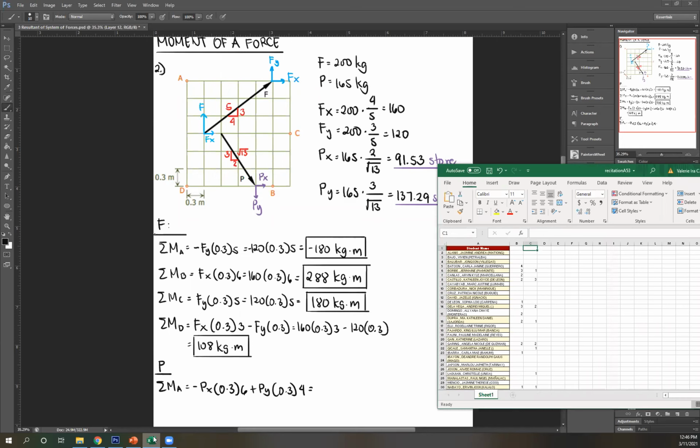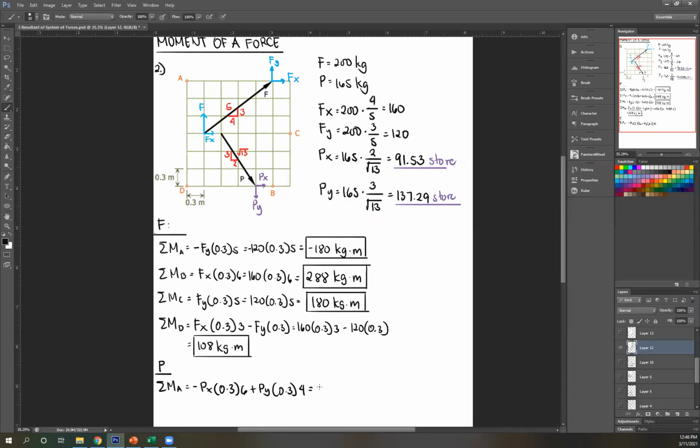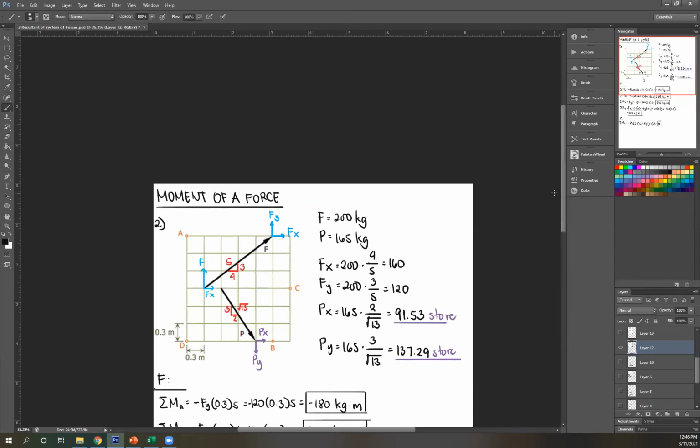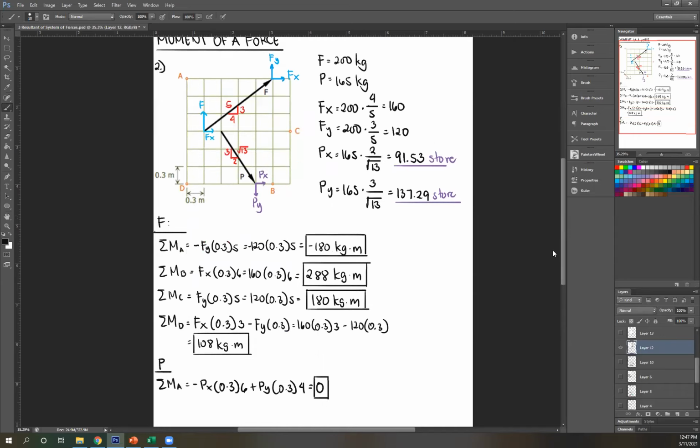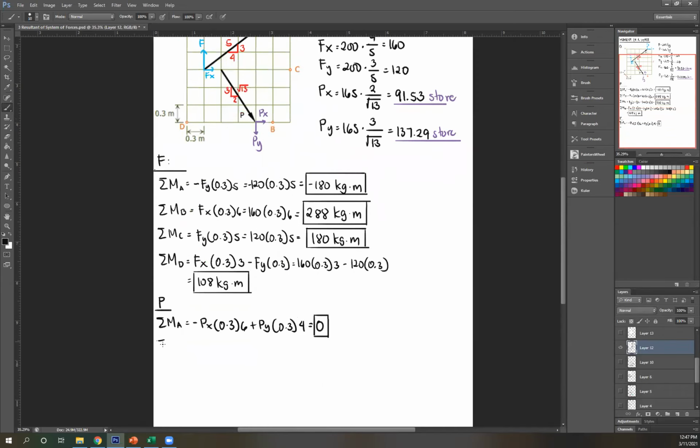Equation. 0. Yes, it's 0 kilogram meter. Why? If you try to actually extend this P, you're going to realize P is actually going to hit A. And remember, when your force passes through your point in question, moment is 0. So if you just did that, you can directly say MA equals 0. Or if you didn't know that, you can go through this process.